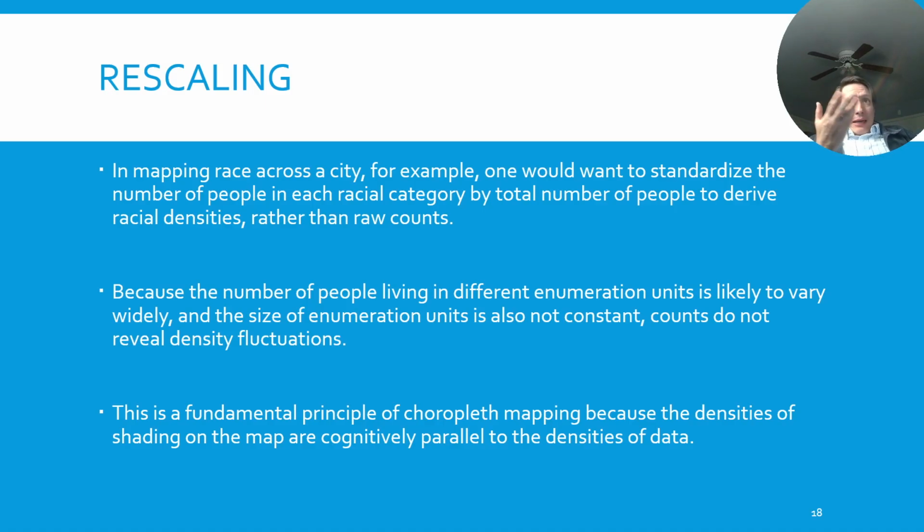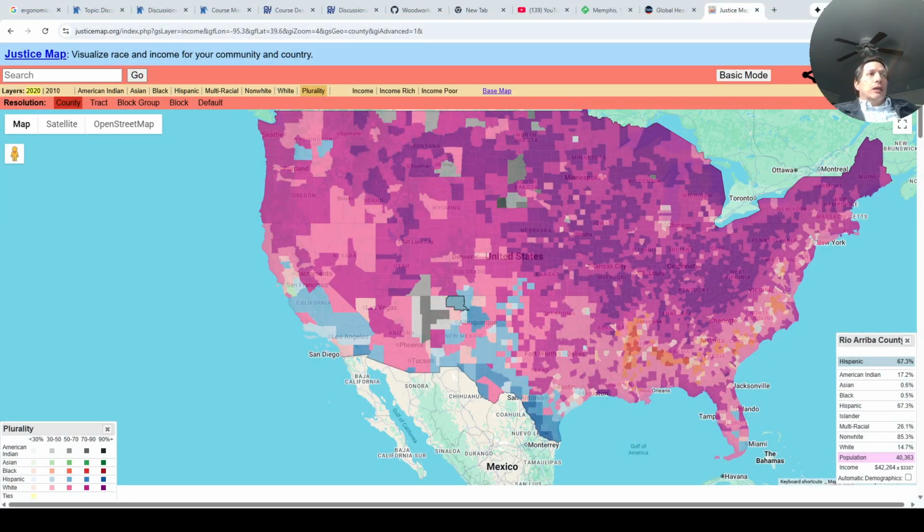For example, in that particular case, if we are mapping race across a city, you want to standardize the number of people in each racial category by the total number to derive the racial densities. And that's what we were looking at in the map. Because the number of people living in different enumeration units, or different counties in the case of this graph, is going to vary widely, we want to normalize things, and that's why we use percentages instead of absolute numbers.